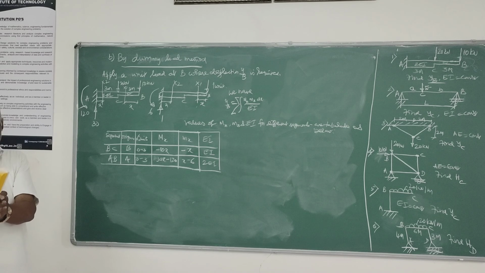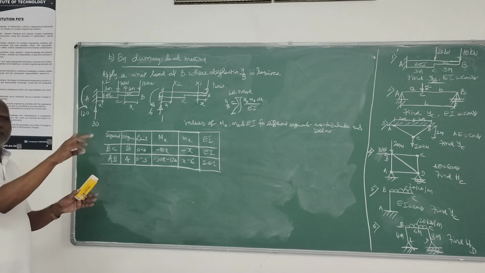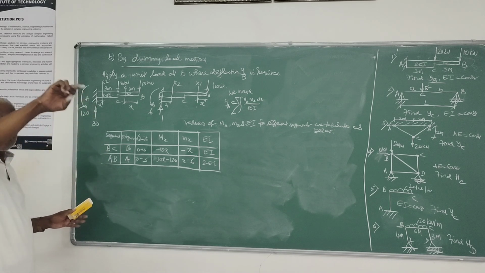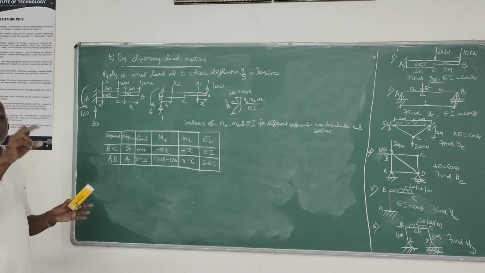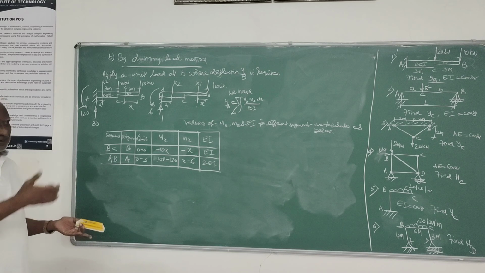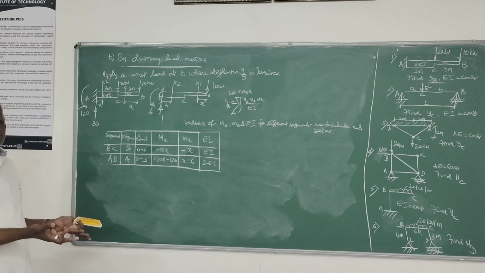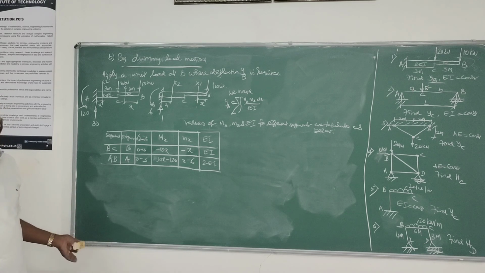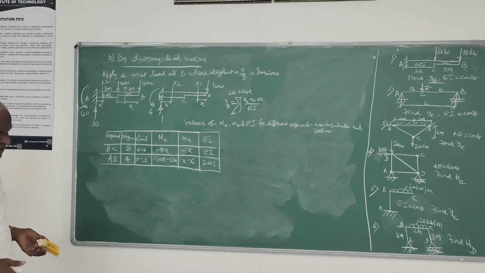Find the total strain energy, equate it to half P delta, that is the straight line variation. From that delta you can find it, or half M theta, depending upon delta. From that only we derived all this, nothing other than that. All are strain energy methods only, know that.